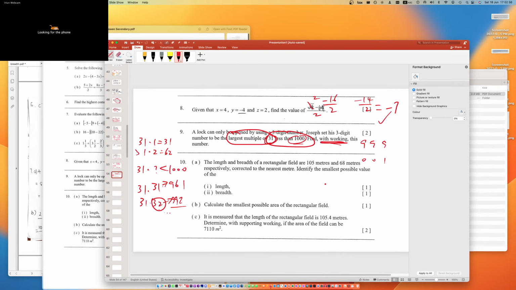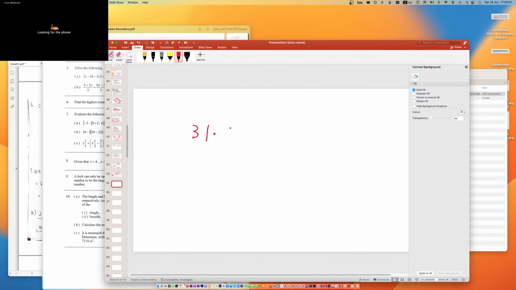Actually, the way to do this question is this. We talked about it last week. You just write 31 times something which I need to find, less than 1000. How do you do an inequality? What's the key? Compared to an equal sign, if you divide or times a negative number on both sides, then you need to switch or reverse the sign.